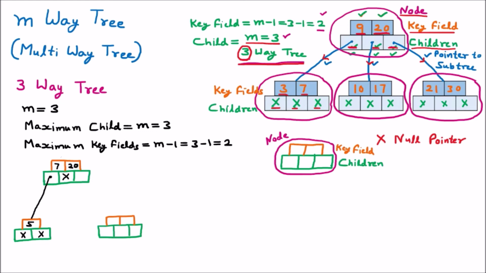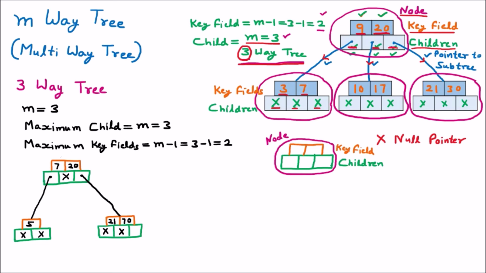Let us suppose the values which I am putting are 21 and 70. Any random values I have taken. So this is the node which is attached with the 7 and 20 children. Now this is the M-way tree which we have created. Let us suppose that there is one more node which I want to connect, but before that I am putting these two crosses. These two crosses mean these two children are not available. So here we are taking one more node.